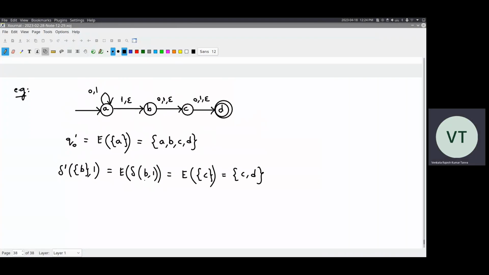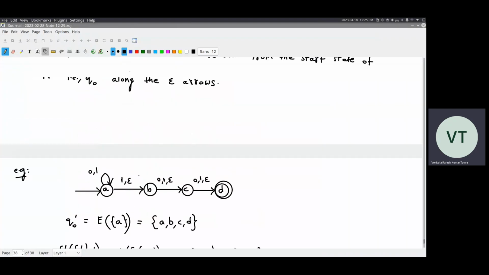Delta is for NFA. Delta dash is for the equivalent DFA. We are converting NFA to DFA. NFA's elements are Q, sigma, delta, Q naught, F. DFA's elements are Q dash, sigma, delta dash, Q naught dash, F dash. Why is delta dash? We defined, no? First, what we did?